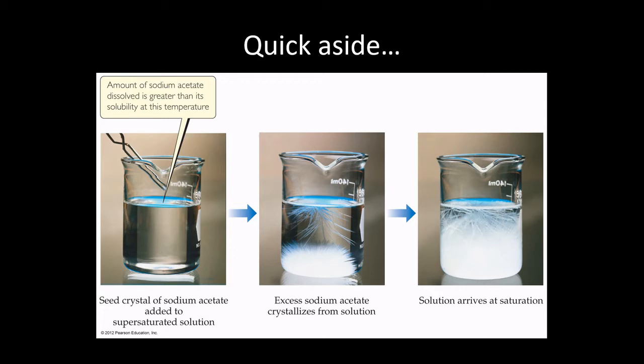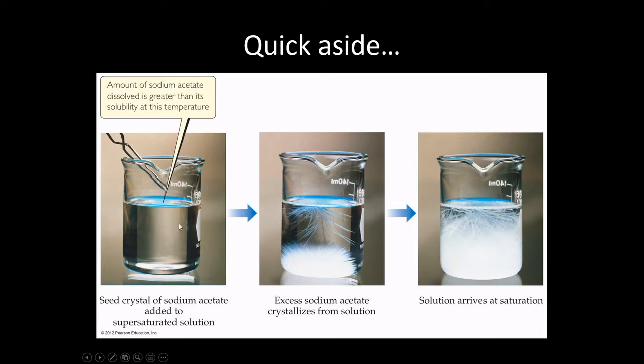These are very unstable solutions, not unstable in terms of they're going to explode or anything, but nearly any kind of either hard physical jarring of the material or introduction of some kind of a template into the solution will cause that extra stuff to drop out of solution and form crystals, which is what you can see here.